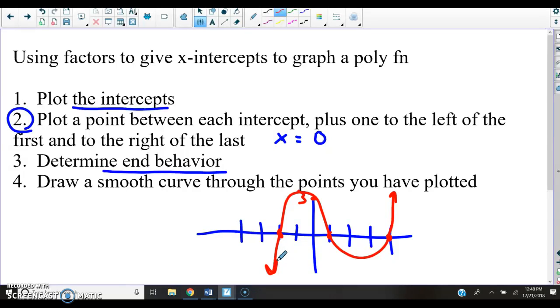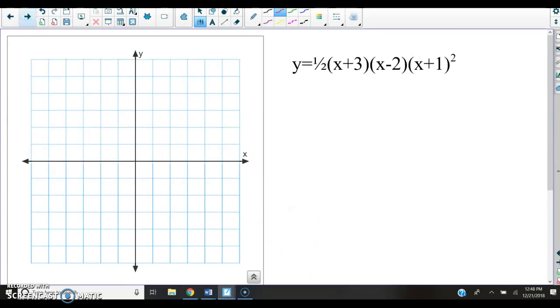So sometimes when I say draw a smooth curve through the points you plotted, I mean a smooth curve, but a lot of times step 2 goes by the wayside. Except I always do x is 0. I always look at my end behavior.